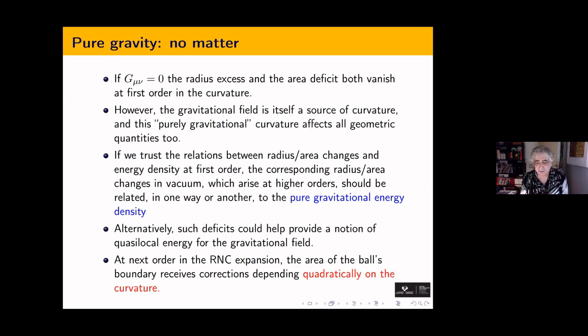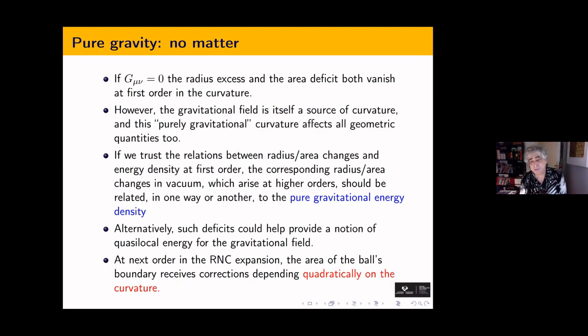However, we know that the gravitational field itself is a source of curvature. And this purely gravitational curvature also affects geometry and, of course, all the geometric quantities. So if we trust these relations between change in radius or area and energy density, the corresponding changes of radius, area, etc., at higher orders in the curvature should also be related, maybe, to the pure gravitational energy density.